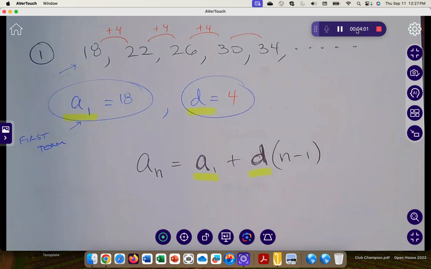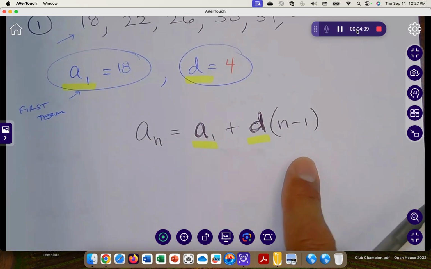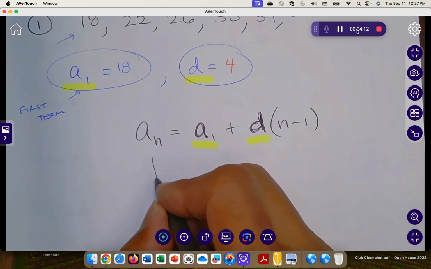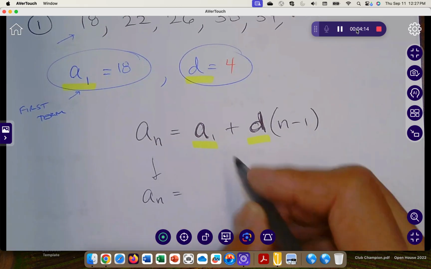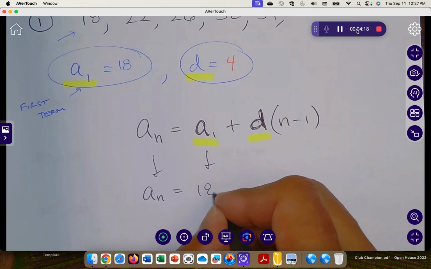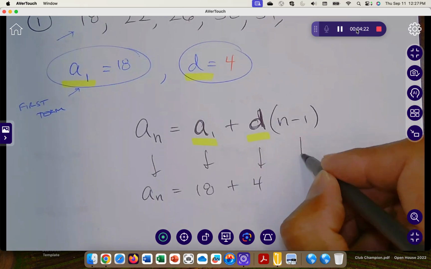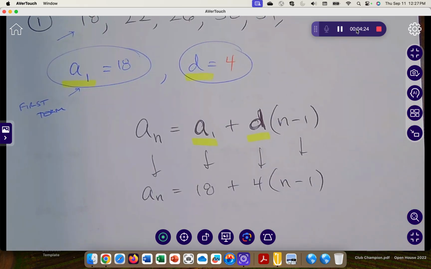Don't put them in the wrong place. 18? Which one? The first one's 18. Yeah, we put an 18 here. Everything else, copy it the same. So A sub n is equal to, that one changes to 18, plus 4, that changes to a 4, and this stays the same. Everything else, you just copy it the same.